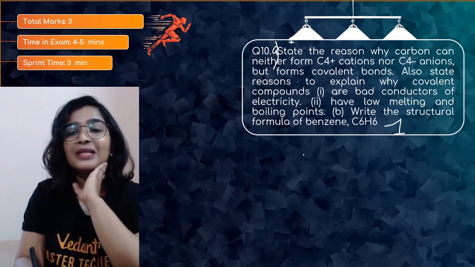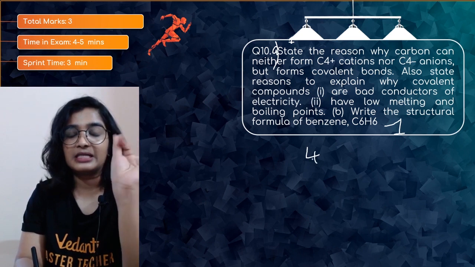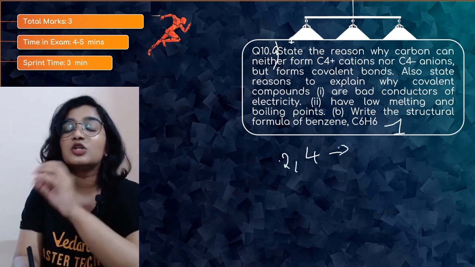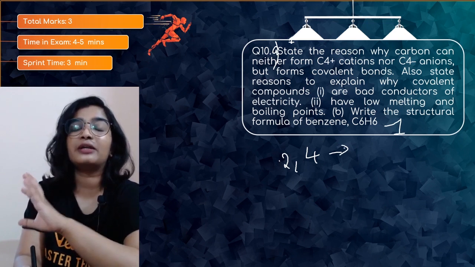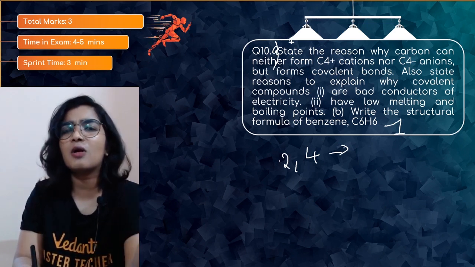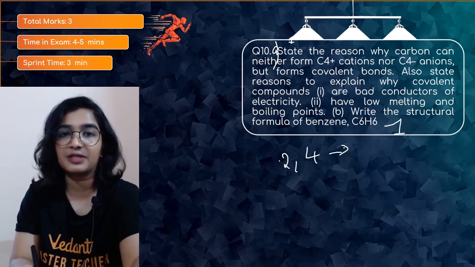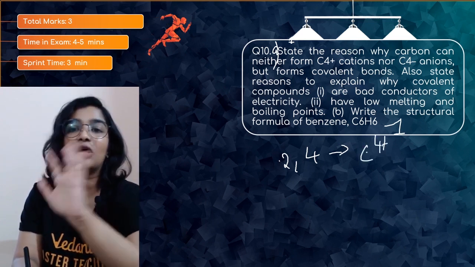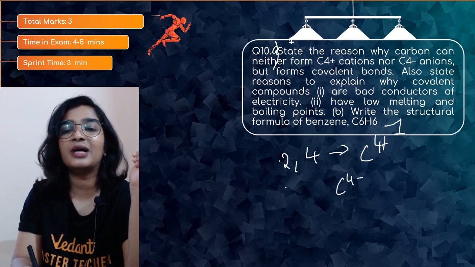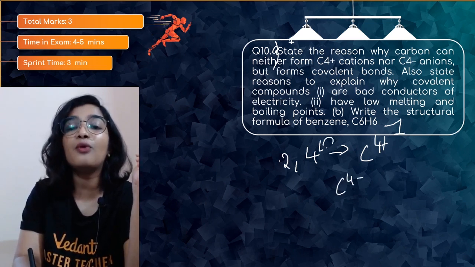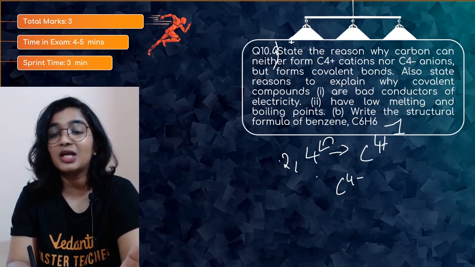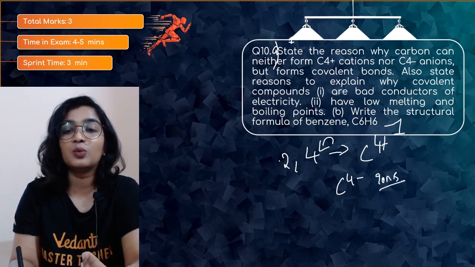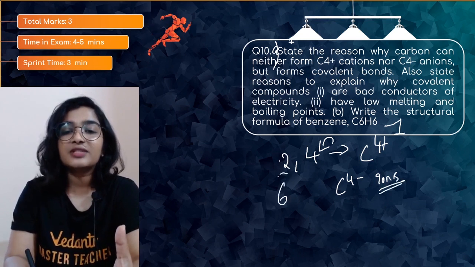So we all know carbon's valency is 4, right? It has 4 valence electrons. If it decides to lose 4 electrons, removing 4 electrons from the valence shell requires a lot of energy. So this is not feasible; formation of C4+ is not feasible. Now coming to the C4- ion, where you are trying to add 4 more electrons to the valence shell, this ion will become highly unstable, because you have 6 protons.